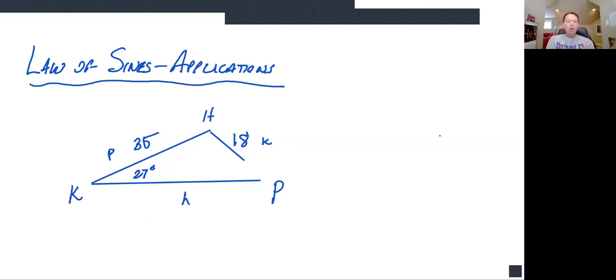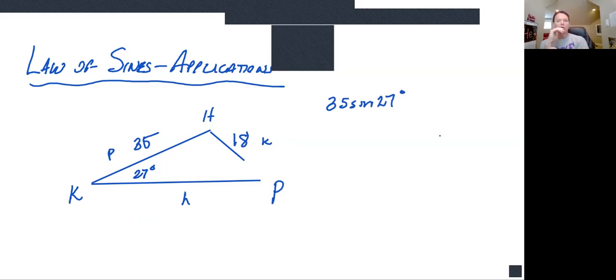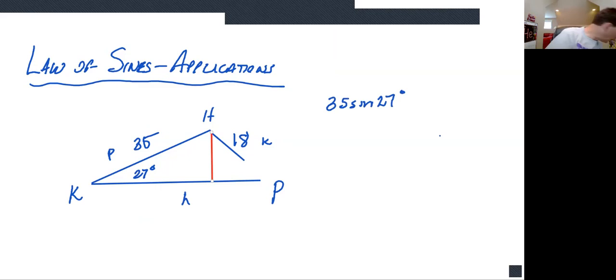So you're saying you had a hard time finding this third angle. So the first thing we're going to have to do here is check 35 sine 27. Did you do that first? Which means what we're really looking for is what is that length going to be? And I'll get my calculator here. 35 sine 27 is 15.89.